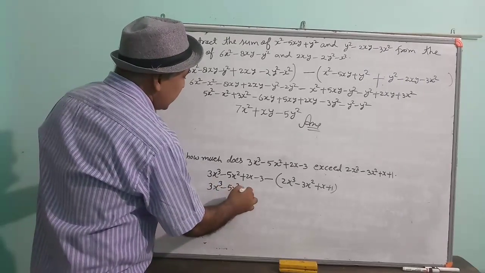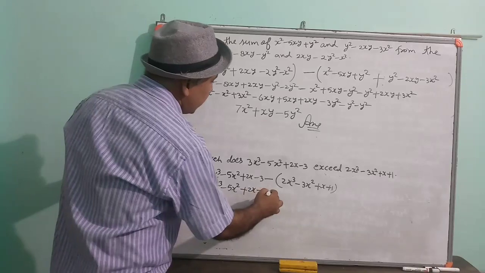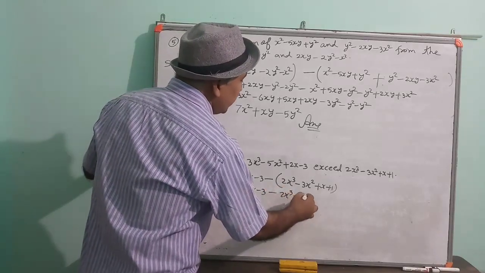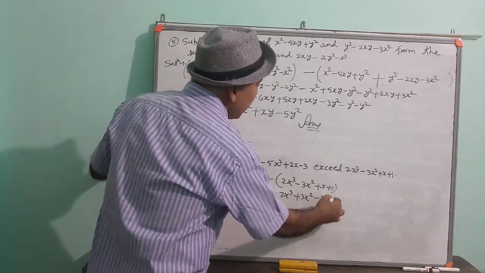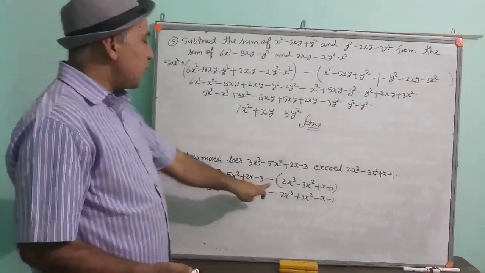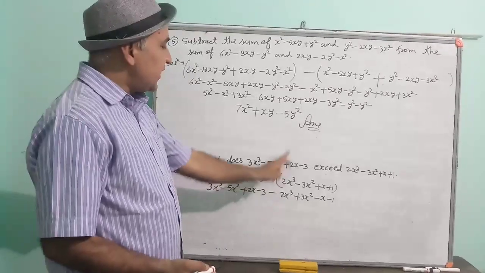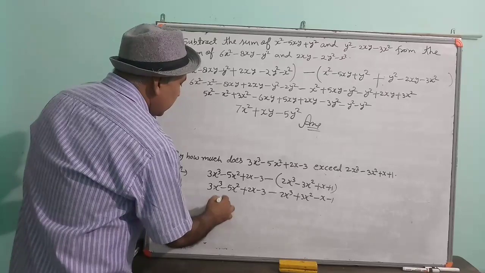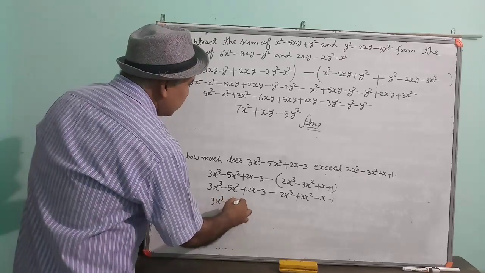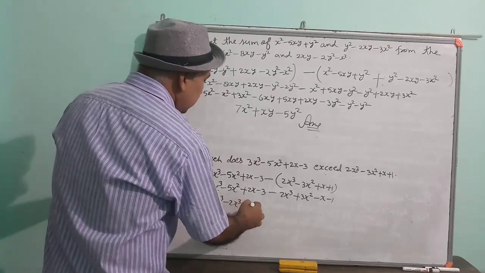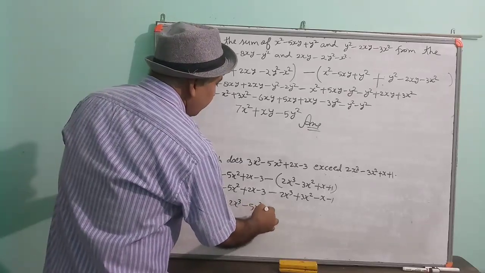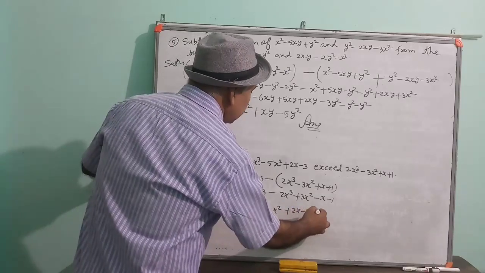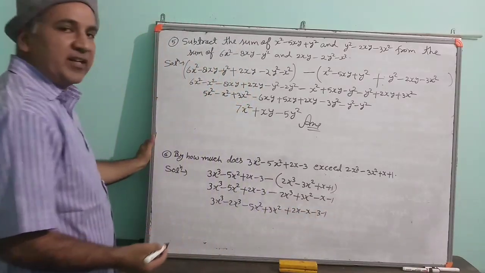3x cube minus 5x square plus 2x minus 3 minus 2x cube plus 3x square minus x minus 1. Because outside the bracket there is minus, when bracket is removed, all the sign will be changed. Now to solve it, write down the like terms together, both x cube together, now x square, then x, and then without x, constant numbers.